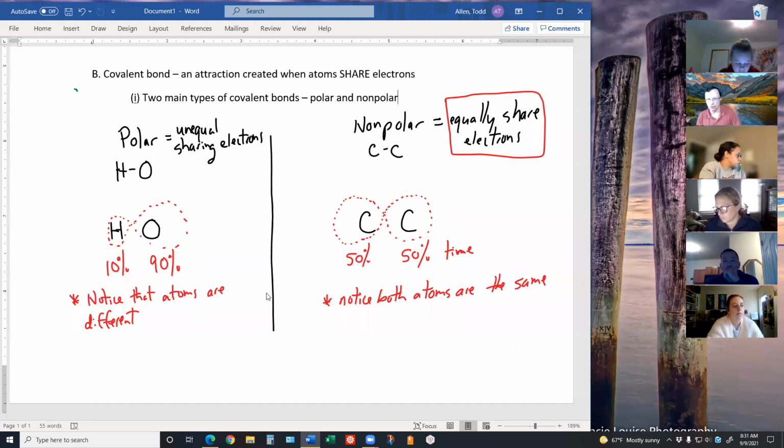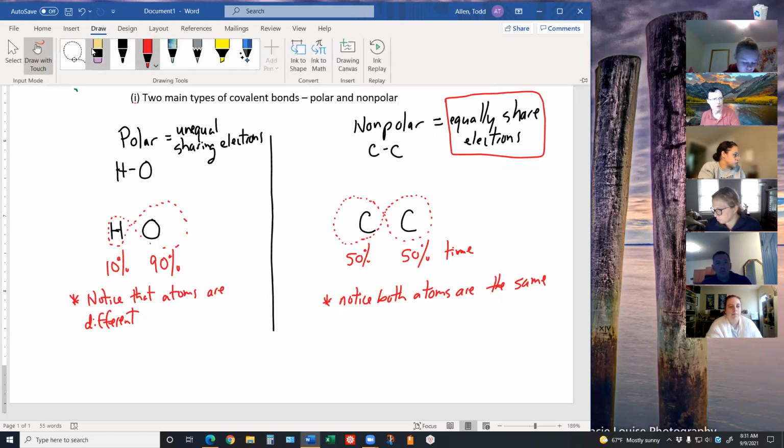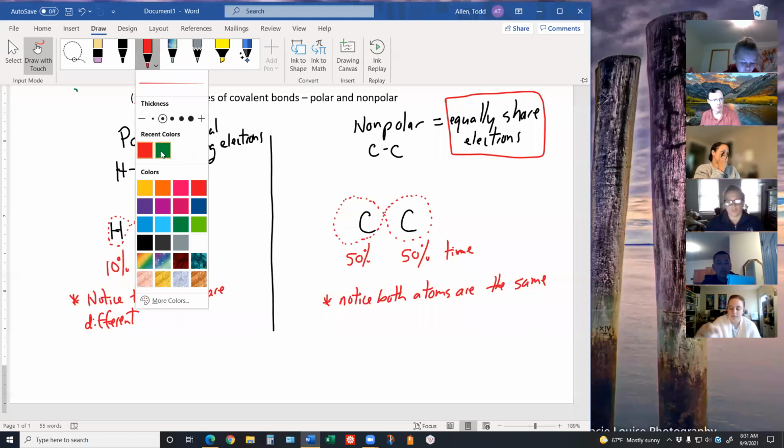I want you to look at the information in figure 2.2 and answer a couple fairly simple questions for me. So, Lauren, in figure 2.2, how many protons are in the nucleus of a hydrogen atom? One. Okay, so give me a moment to just draw some things here.